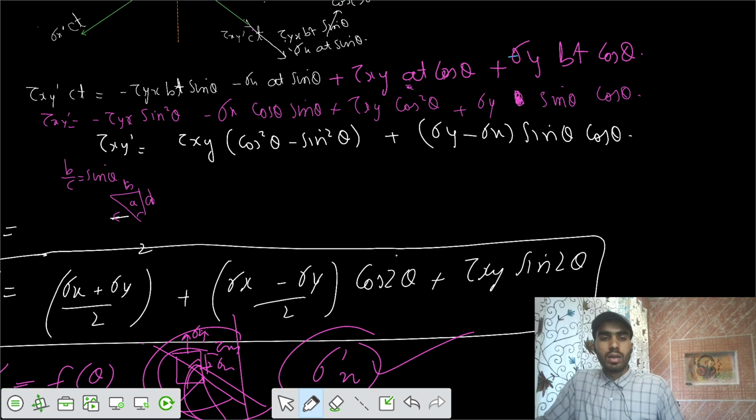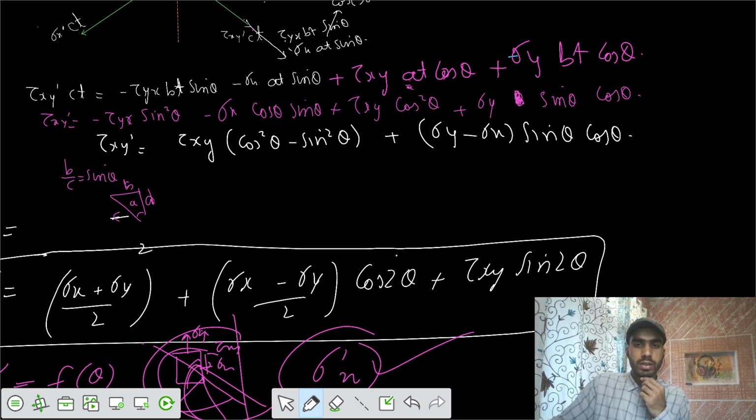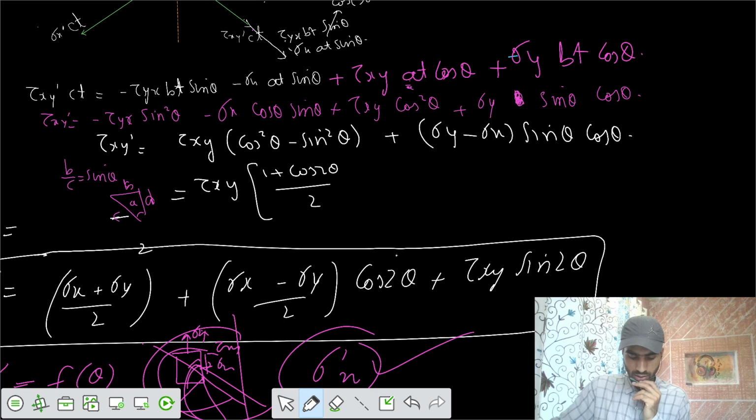So now how can you solve this further? We know cos square theta equals 1 plus cos 2 theta by 2, isn't it? Let me check the value of that.